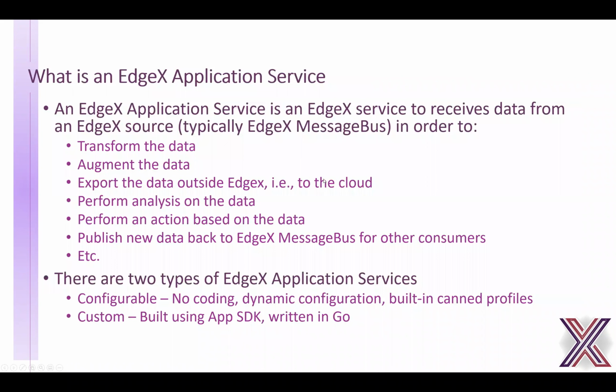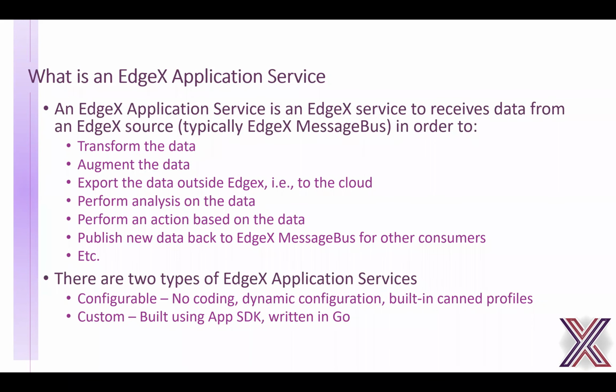So what is an application service specifically? It is a service, an EdgeX-based service. So it's built with the EdgeX SDK, so that it has the configuration and security if you're running in secure mode to connect to the EdgeX message bus.